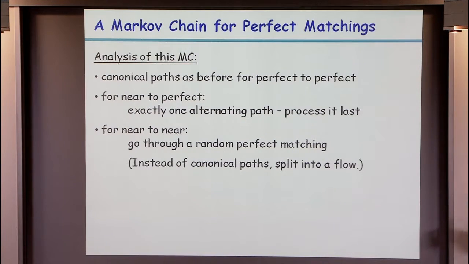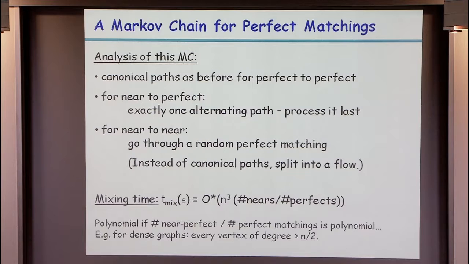Okay? And so with this same logic, and all the theorems and everything goes through, what I can do is, when I go from near 1 to near 2, I kind of split myself to go through all possible perfect matchings with equal portion, and then I come back to the other near matching.